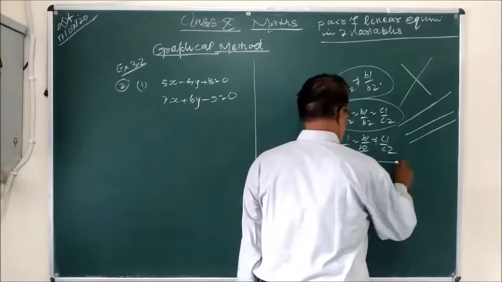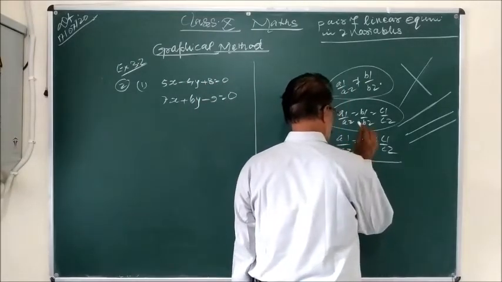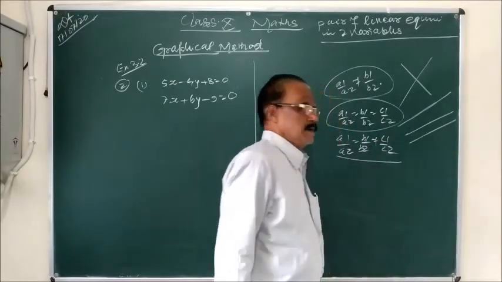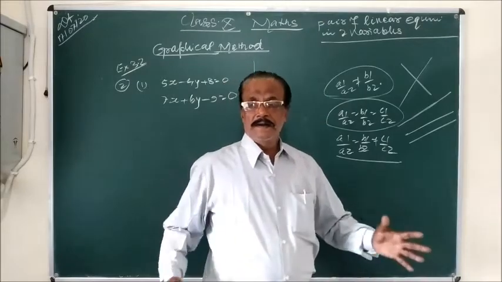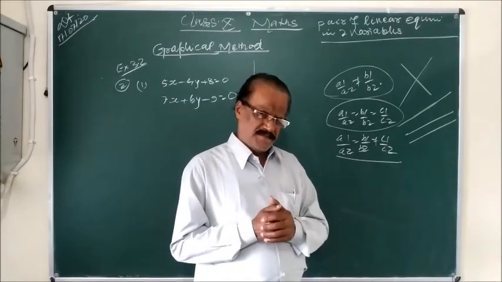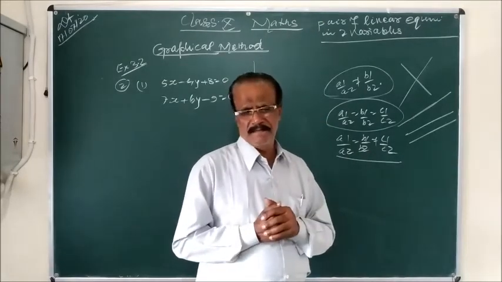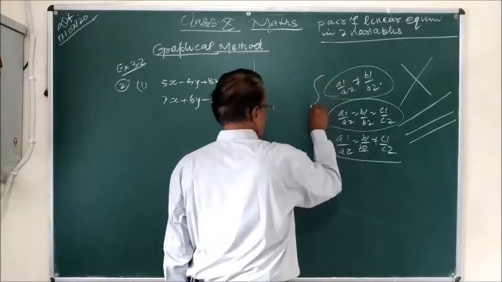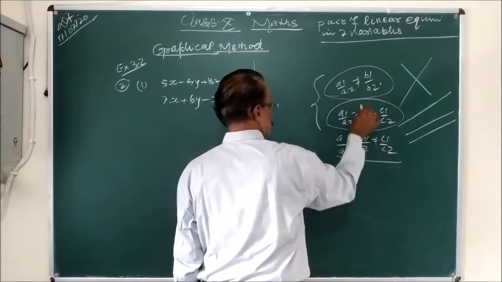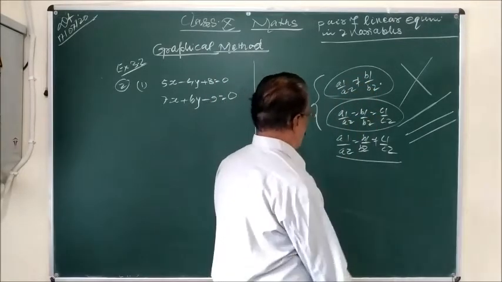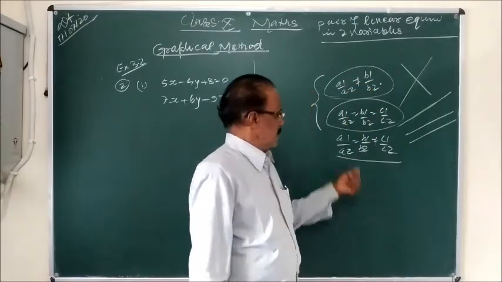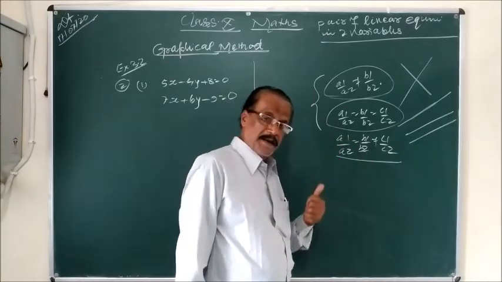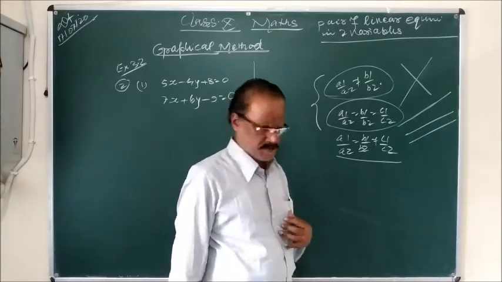And if a1 by a2 is equal to b1 by b2, not equal to c1 by c2, the equations have no solution, and they are called inconsistent equations.